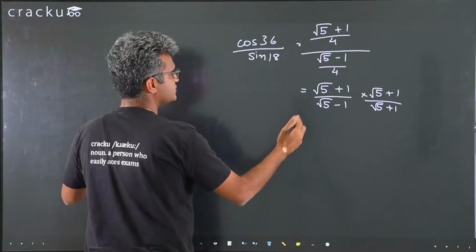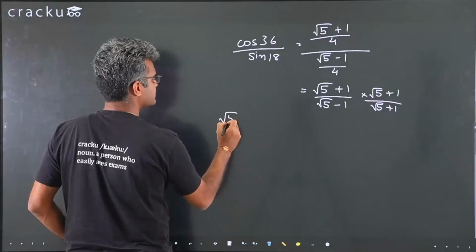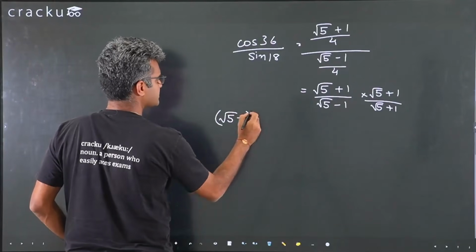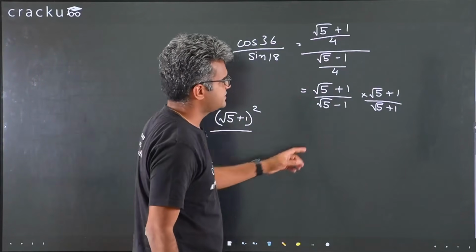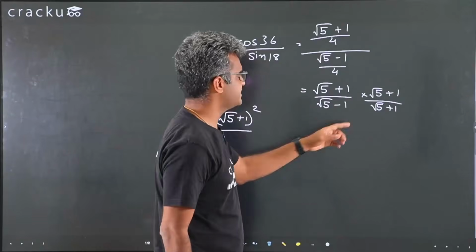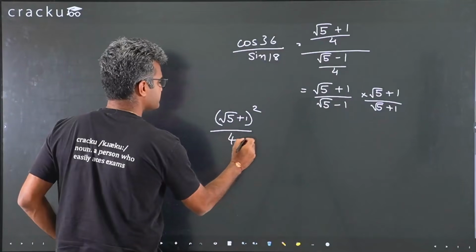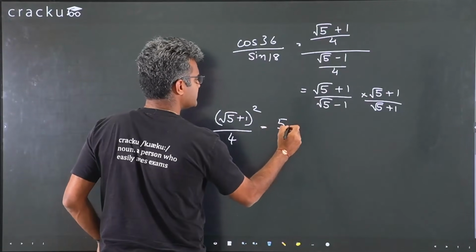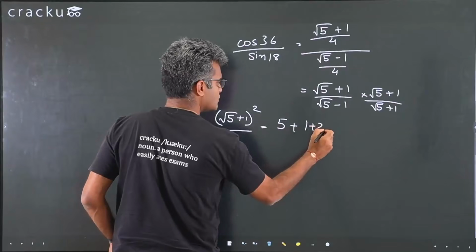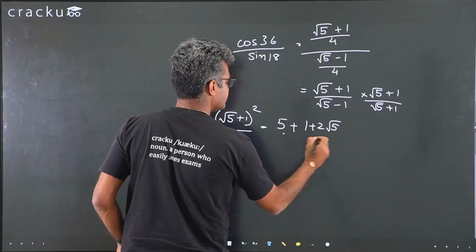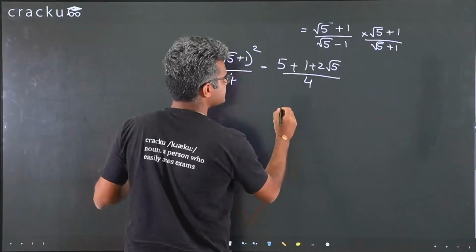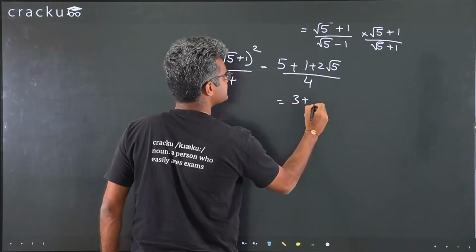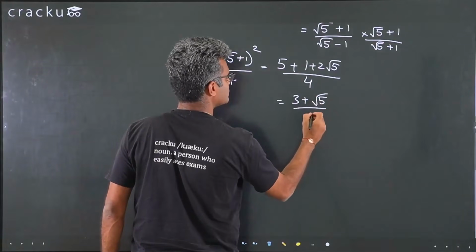So the numerator is (square root of 5 plus 1) whole square divided by (square root of 5) whole square minus 1, which is equal to 4. This is equal to (5 plus 1 plus 2 times square root of 5) divided by 4.